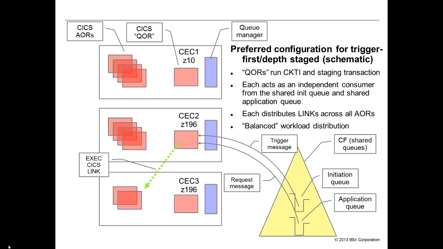Each distributes the links across all AORs available in the Sysplex. This gives you a balanced workload distribution. Again, we're talking about the link neutral workload distribution capability that CICS CPSM has built in. So this gives you an idea of another mitigation technique.